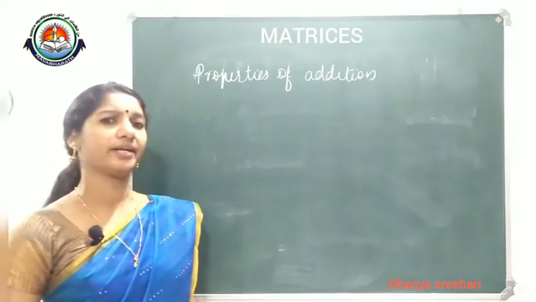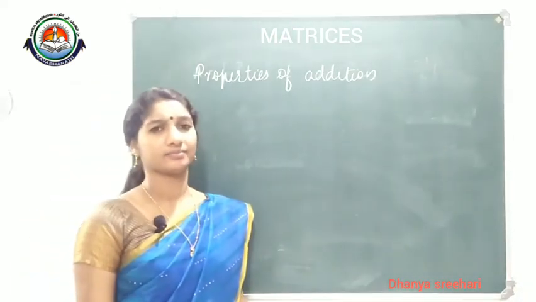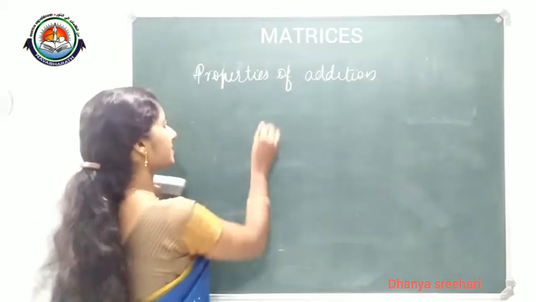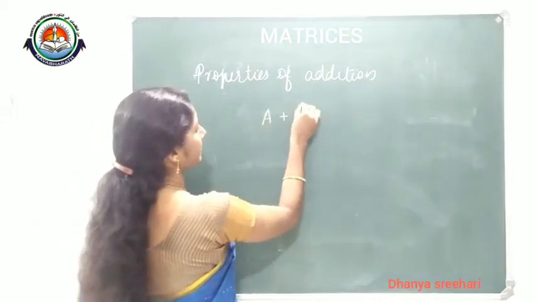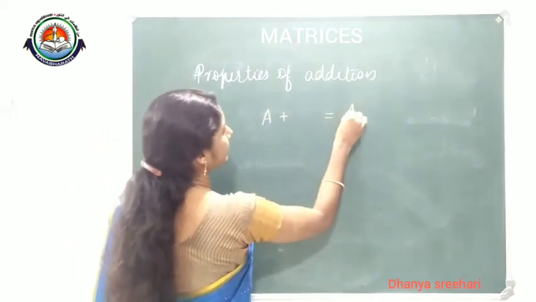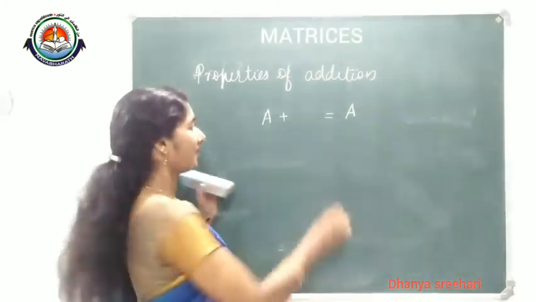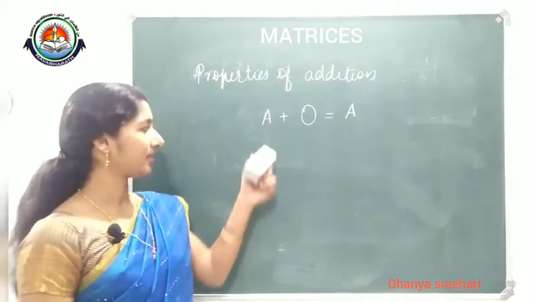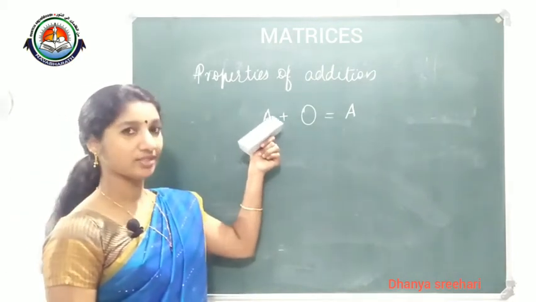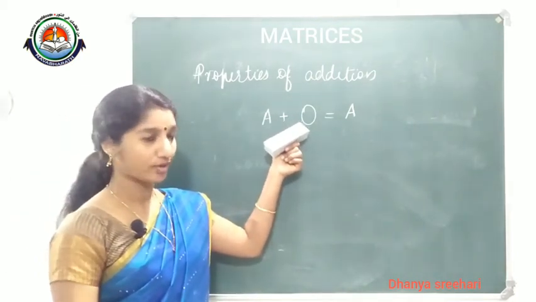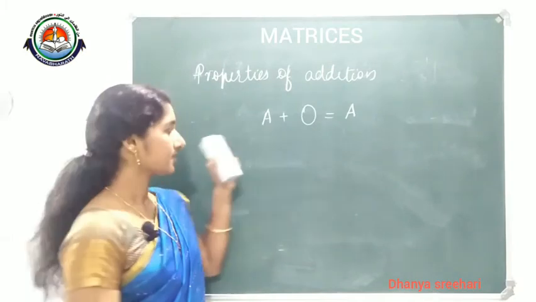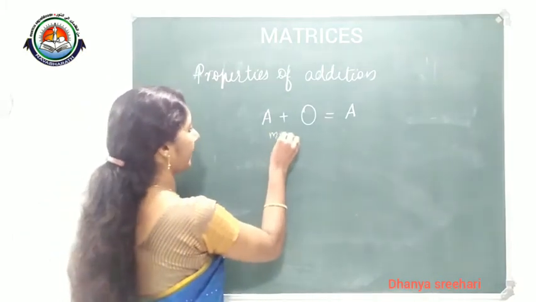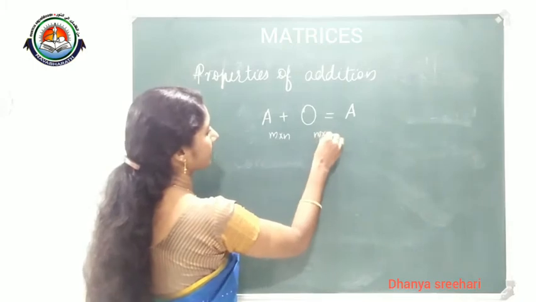What will be additive identity in the matrix? That means a matrix A plus which matrix will make A itself? Zero matrix. Isn't it? Zero matrix, while adding a matrix with the zero matrix of the same order. Suppose order of A is given m by n, then the zero matrix also we are taking m by n.